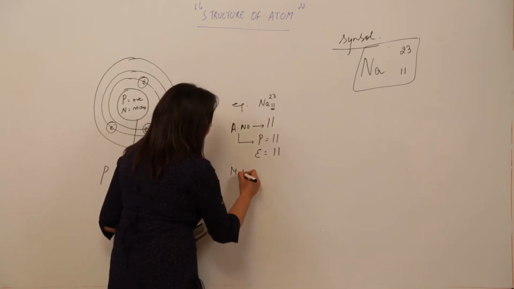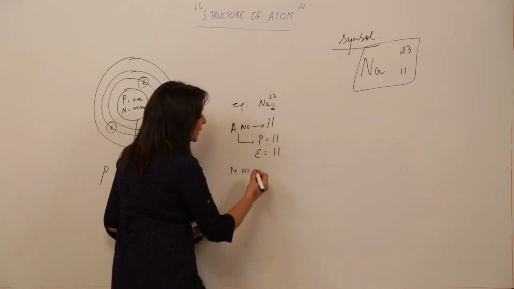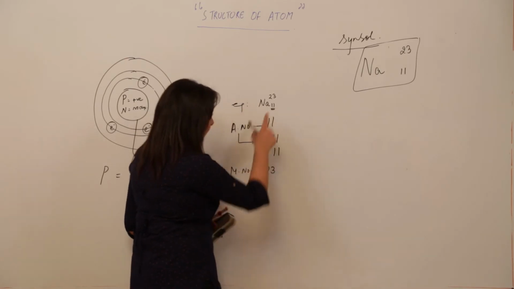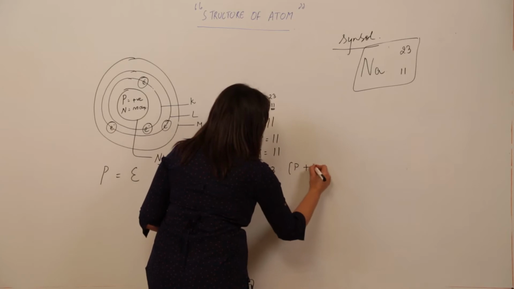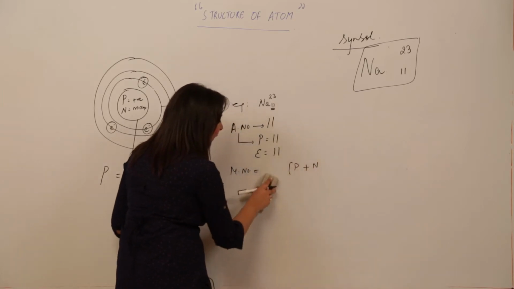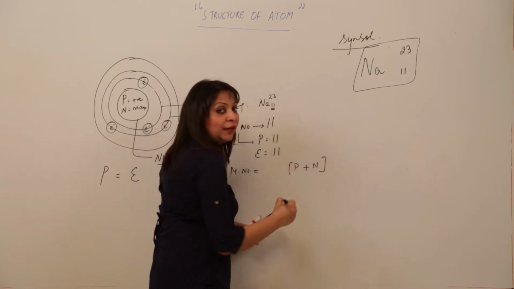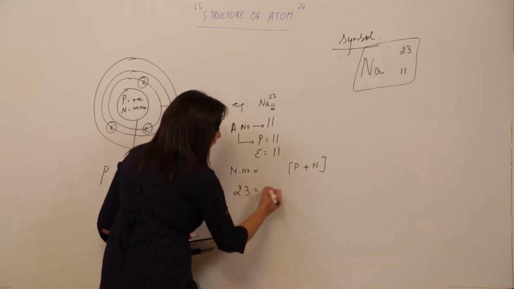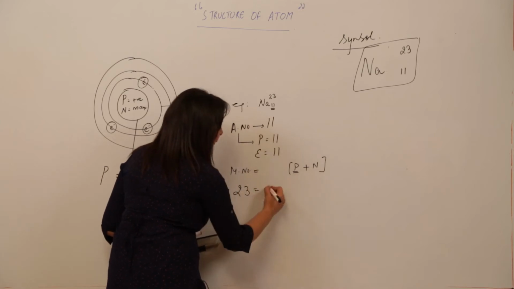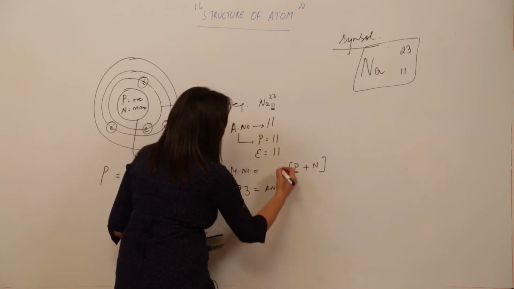And what information do you get from the mass number now? The mass number is 23, as I have written here. Mass number is equal to the number of protons plus the number of neutrons. This I am rubbing out to show you how you can calculate the number of neutrons. See, mass number 23, protons is the same as the atomic number, and neutrons.